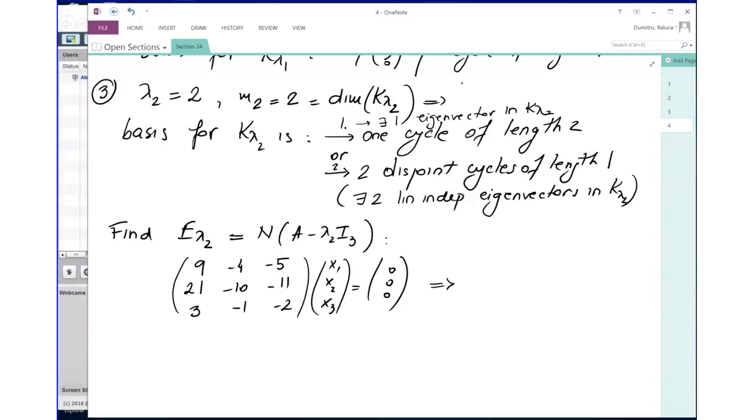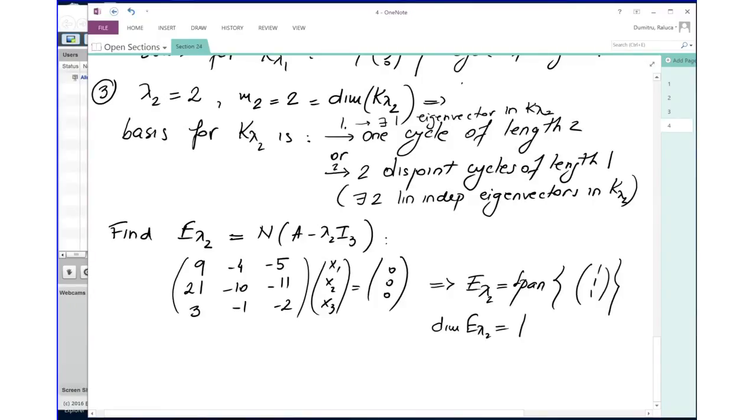All right, and if you do this, you're going to obtain that E lambda 2 has dimension 1, and that's the basis. In particular, A is not diagonalizable, right?